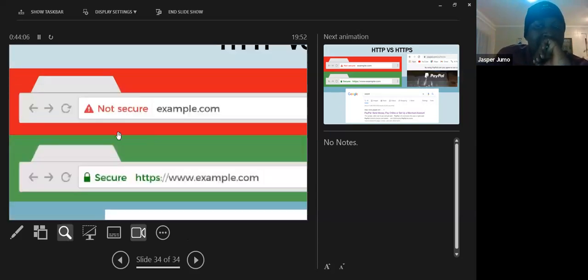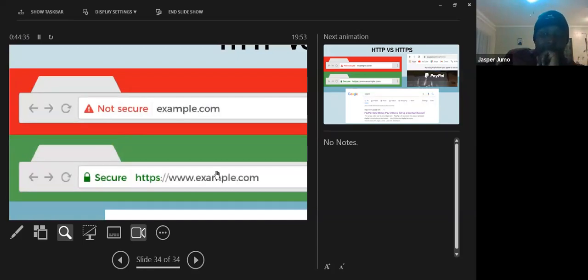When you go to certain websites, have you ever seen on the address bar something like "not secure", or you find a lock? Try to do it maybe when you go to Takealot, which I know is very secure, or even Amazon.